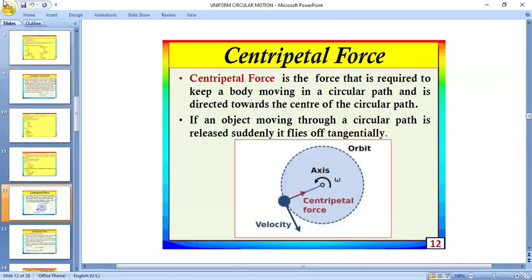So that is how we can express the centripetal force F. Sometimes you will see books writing capital F subscript C equals mv squared over r, or capital F subscript C equals m omega squared r.